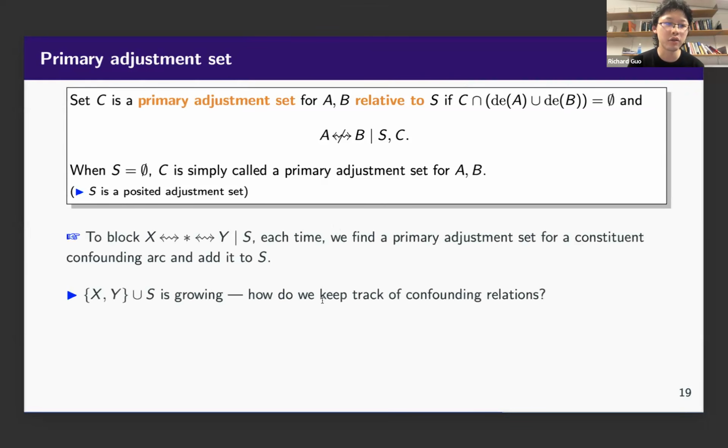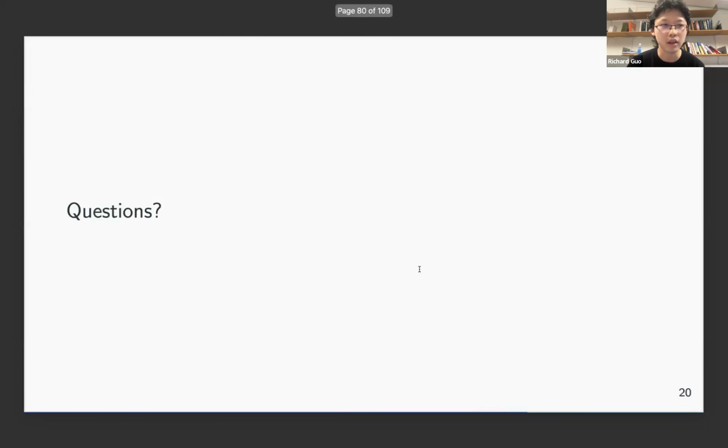Okay, so as you can imagine, then we can keep adding vertices to this postulated confounder set S. But as Emma alluded to, how do we keep track of the confounding relations? Actually, this has a simple answer because we're able to show something that is very useful.